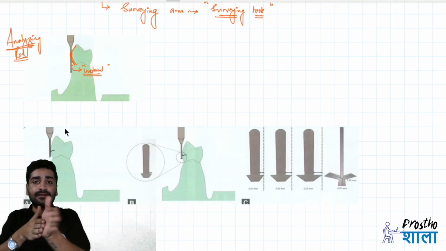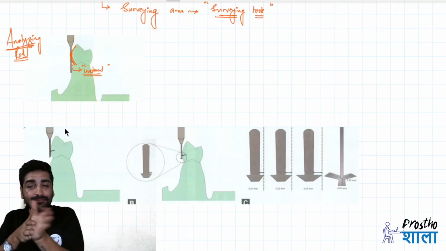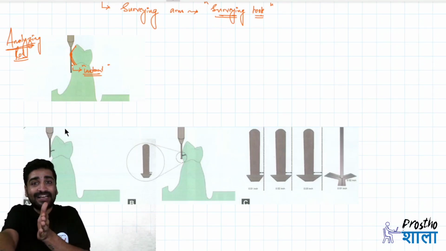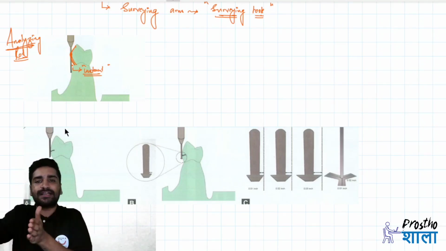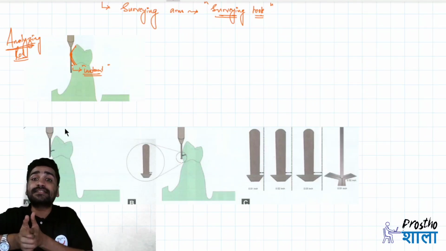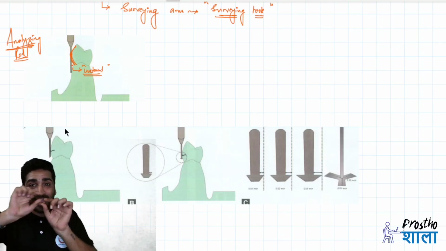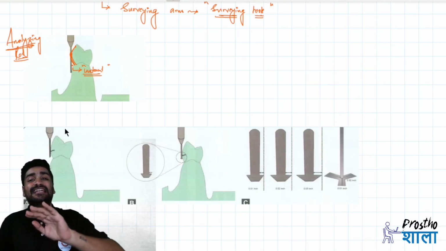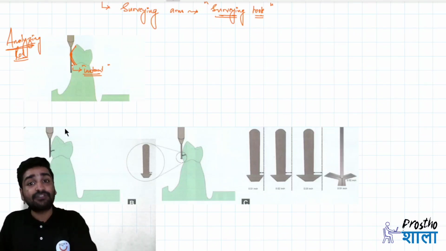And then again the flexibility of clasps also varies. If the length of the clasp is more, it will be more flexible. If the length of the clasp is short, it will be less flexible. Similarly, if the diameter of the clasp is more, it will be less flexible, and if the diameter of the clasp is less, it will be more flexible.